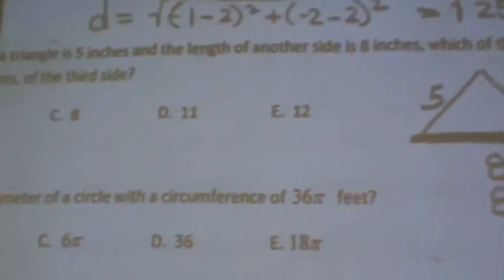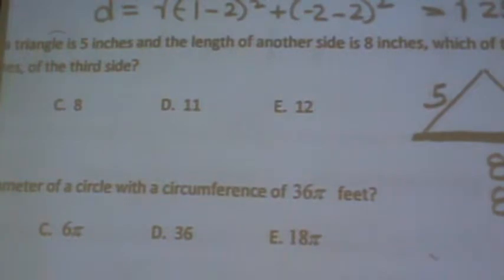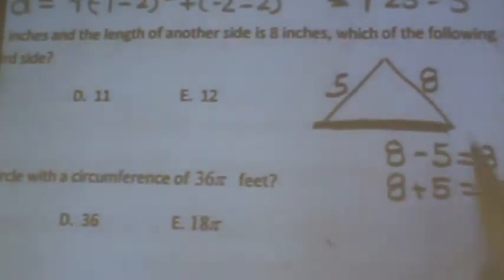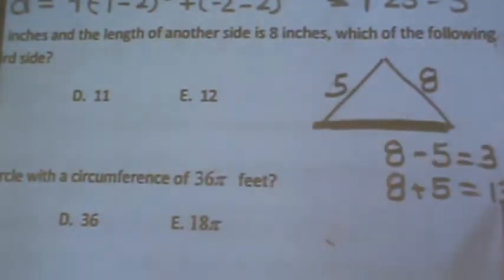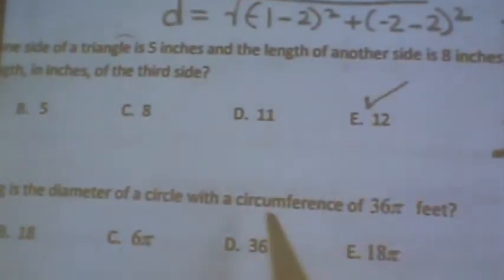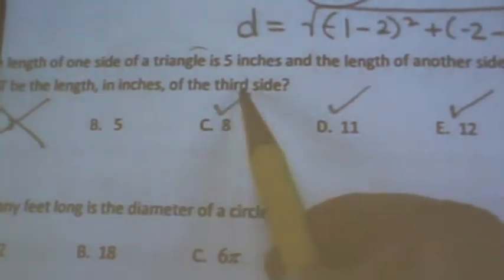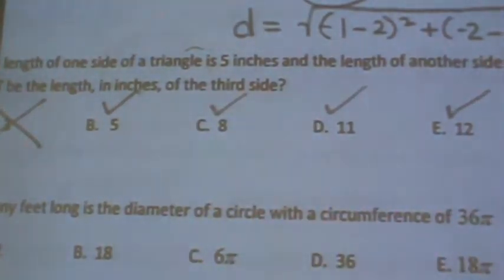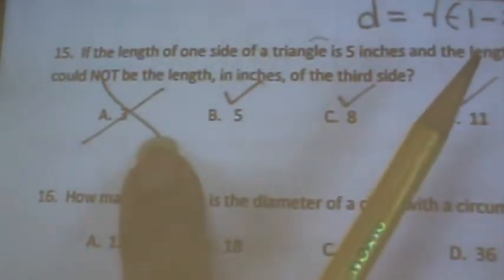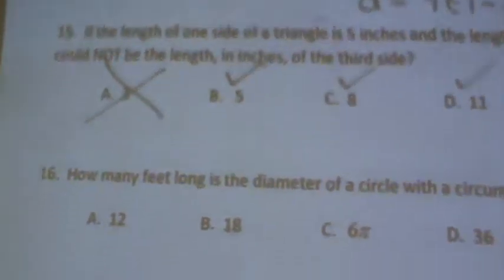A 3 and a 5 will flatten because they add to be 8, so you can't get that angle. So it has to be between these two numbers. You add them up and you subtract them, so it's between 3 and 13. These are all between 3 and 13. This one is equal to 3, so you can't have that one.